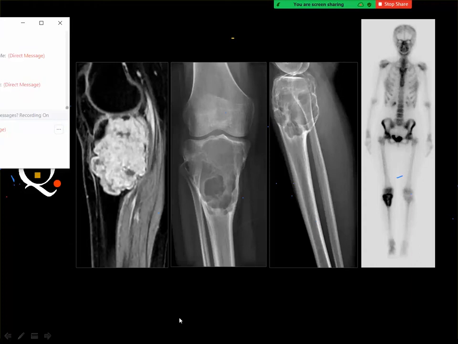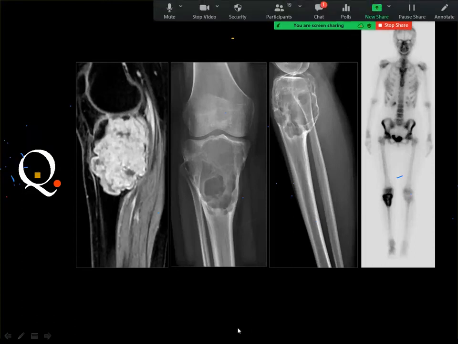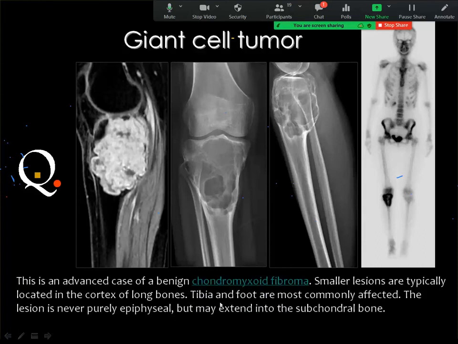Yes, giant cell tumor is a very good answer, and I would like you to remember this possibility in the differential diagnosis, which is the chondromyxoid fibroma. You may not be able to differentiate between giant cell tumor and chondromyxoid fibroma, but because of the common incidence of giant cell tumor, we usually diagnose these lesions as giant cell tumor, and sometimes the histopathology turns out to be a chondromyxoid fibroma.